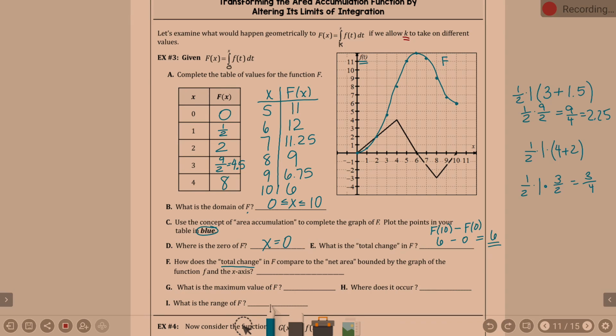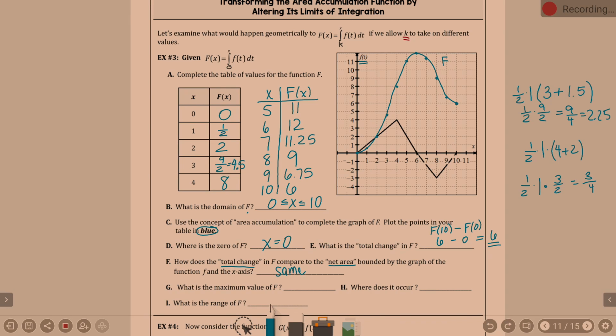What were we doing when we were creating this chart? We were accumulating the area, yes? We were finding the net area, the total area. What was the total area at the end? 6. So what are they? They are the same. Okay, the total change and the net area are both 6.